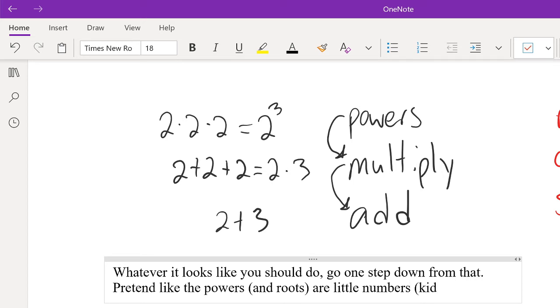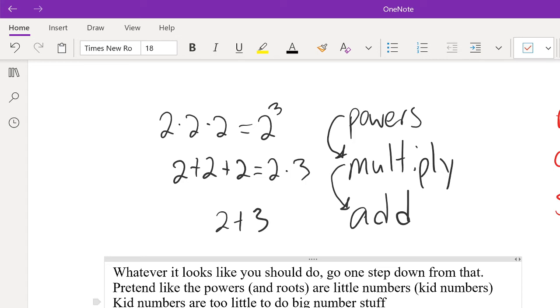Kid numbers. So the rule then becomes that kid numbers are too little to do big number stuff.